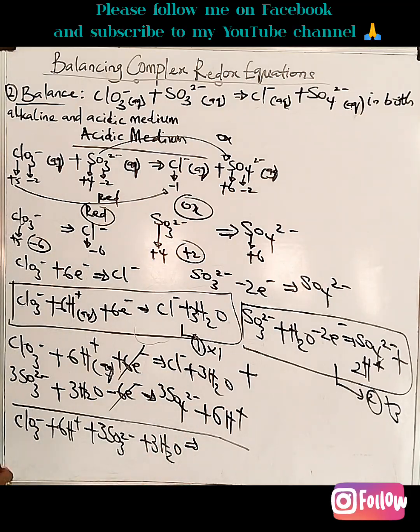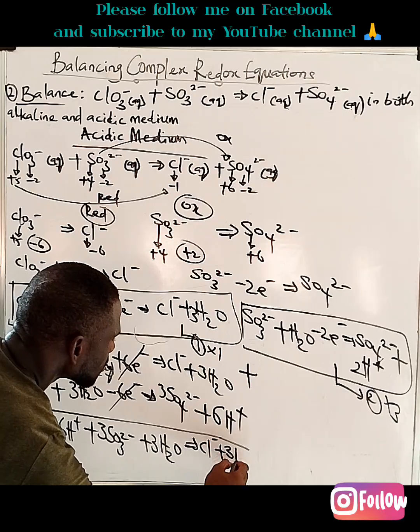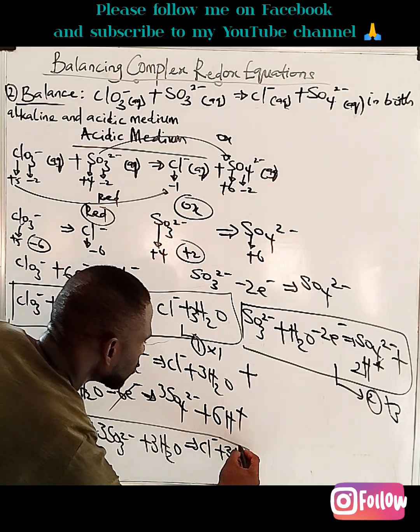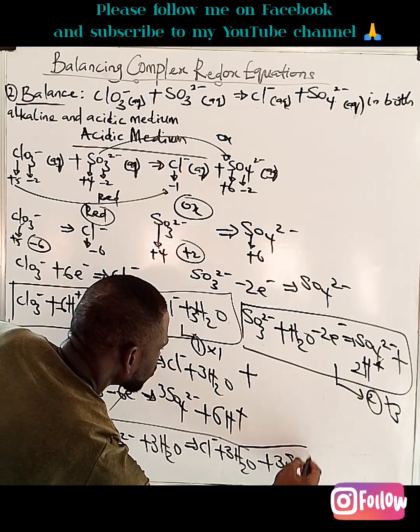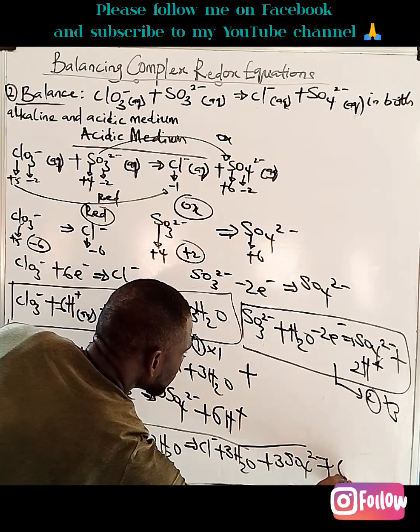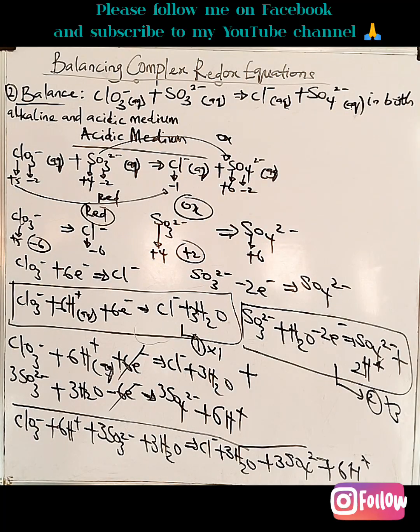They all come together to give us Cl minus plus 3H2O plus 3SO4 2 minus plus 6 hydrogen ion. So everything is well set out.